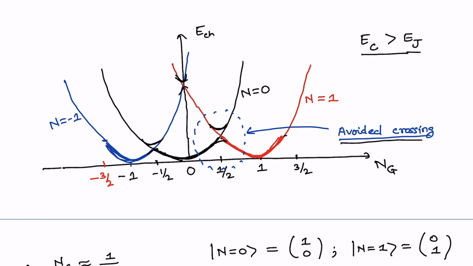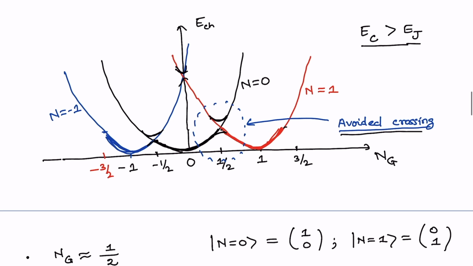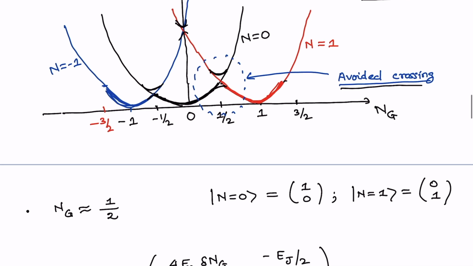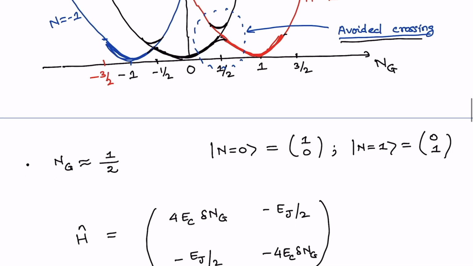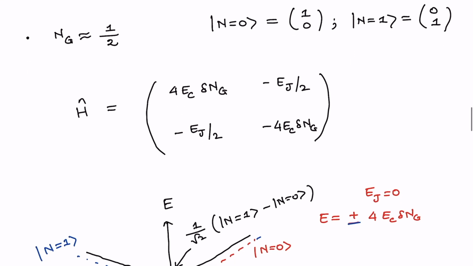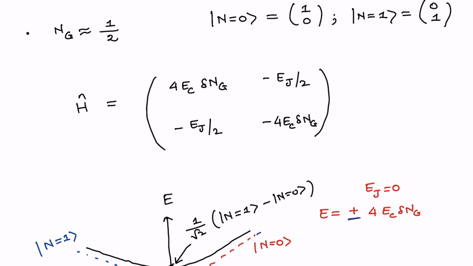Next we discussed how this Cooper pair box can be realized as a two-state system, and that can be done if we focus around Ng equal to 1/2. This means that if you tune the Cooper pair box by an appropriate gate voltage such that the parameter Ng is around 1/2, then we can realize it as a two-level system, and we get this Hamiltonian.